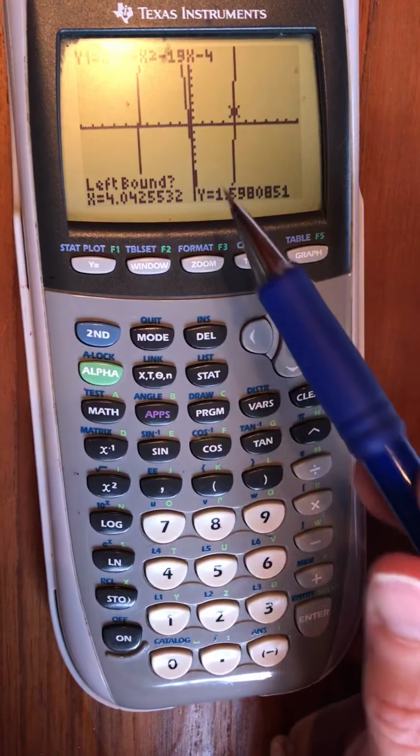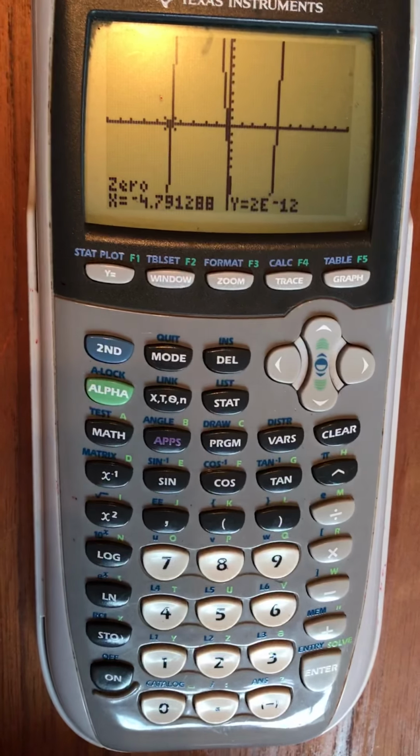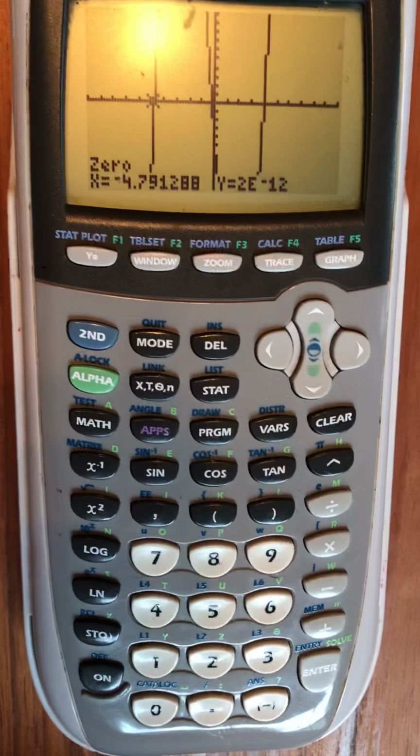Double check that that's where you want the calculator to look for it and hit enter. And there's an approximation of negative 4.791. The y coordinate is 2 times 10 to the negative 12th, which is very, very close to 0. So negative 4.791 is a good approximation for one of these zeros here.